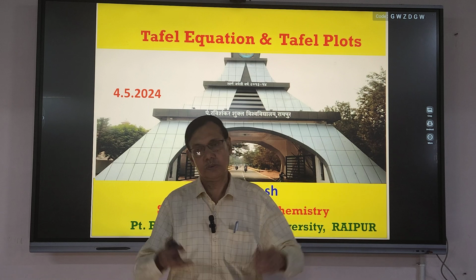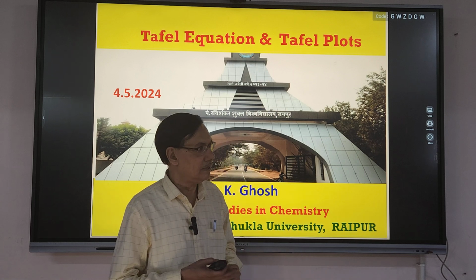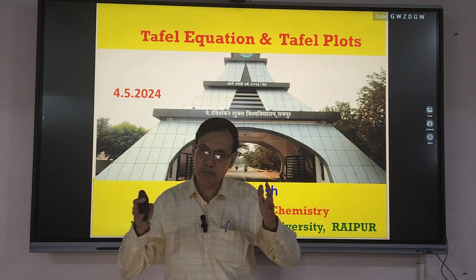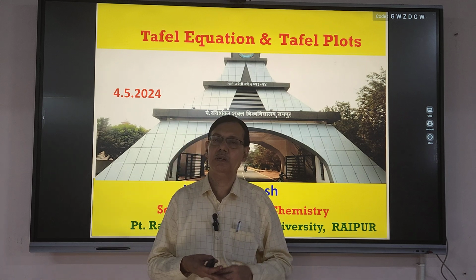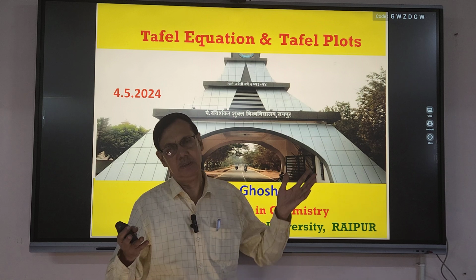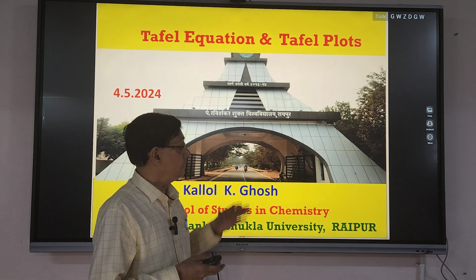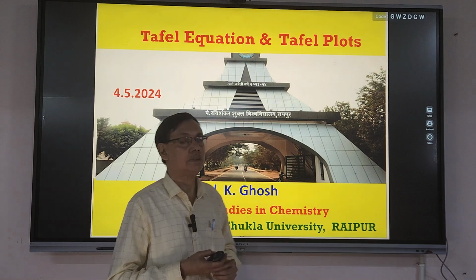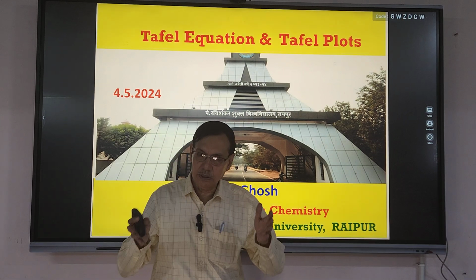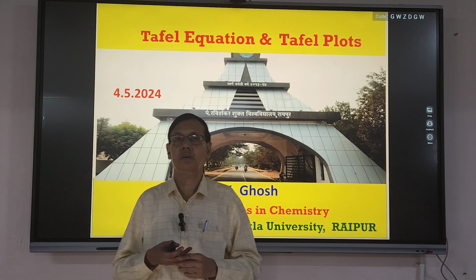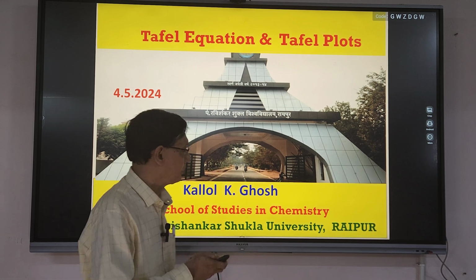If you read thoroughly all those books and research papers, then you could get complete knowledge about any equation, whether it is the Butler-Volmer equation or even the Tafel plot. And it is a physical chemistry concept, so try to understand what actually the Tafel plot is and what the applications of the Tafel plot or the Butler-Volmer equation are.